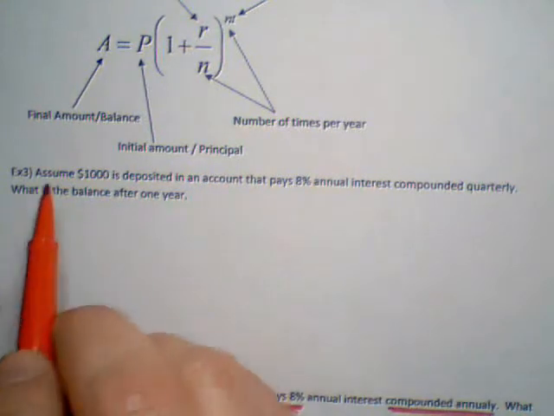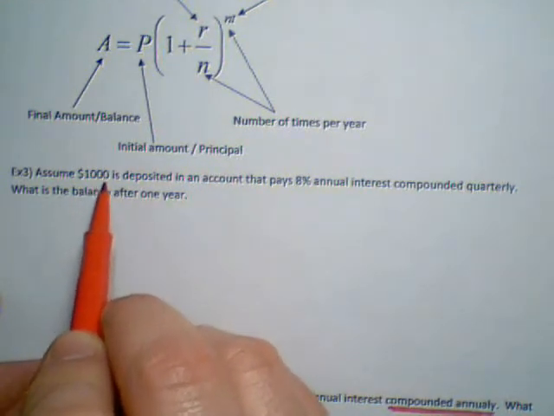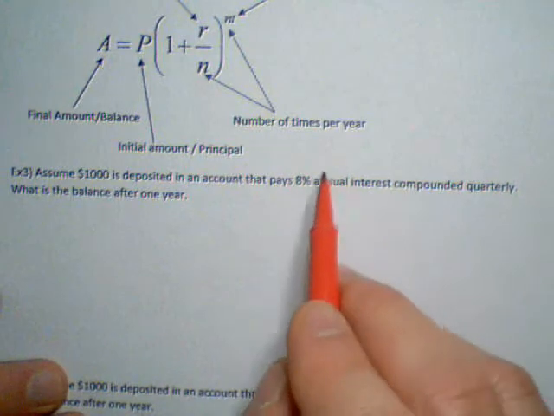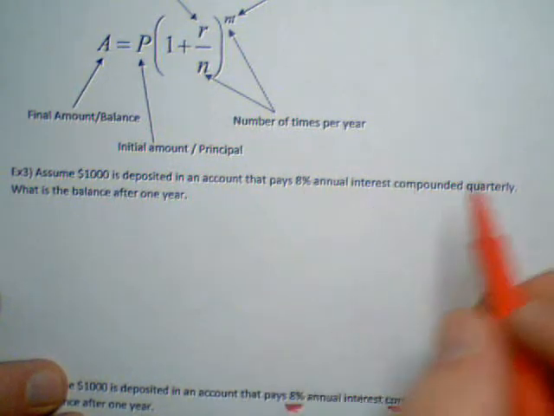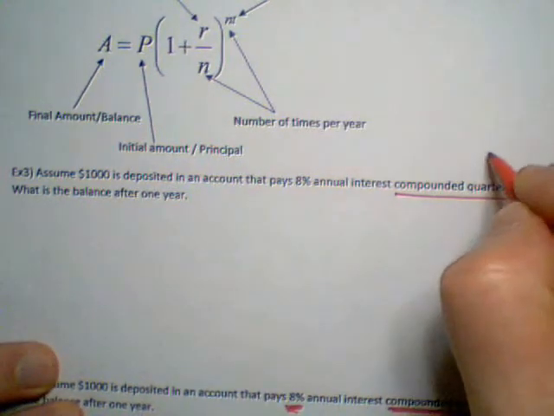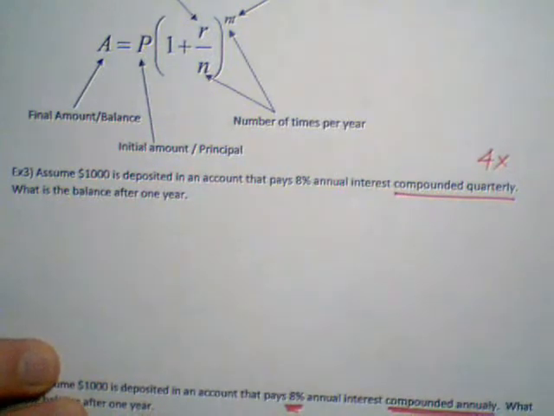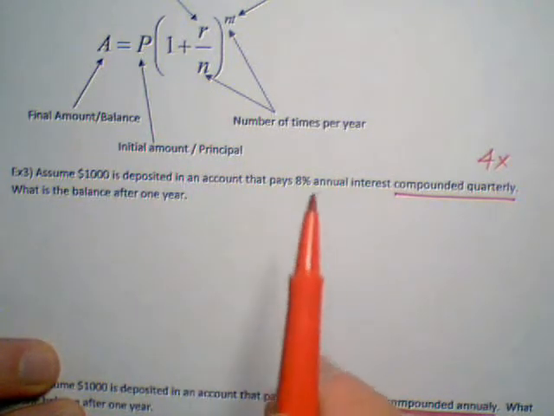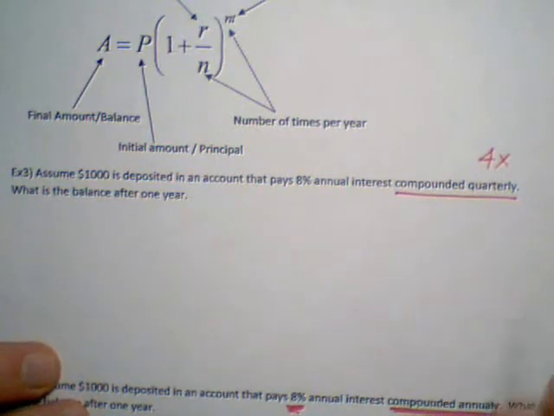Let's suppose we have the same scenario. I have $1,000. The bank is offering 8% annual interest, but it's offering to compound quarterly. Quarterly means 4 times. So instead of paying one time only, the bank is going to pay you at 4 different times.